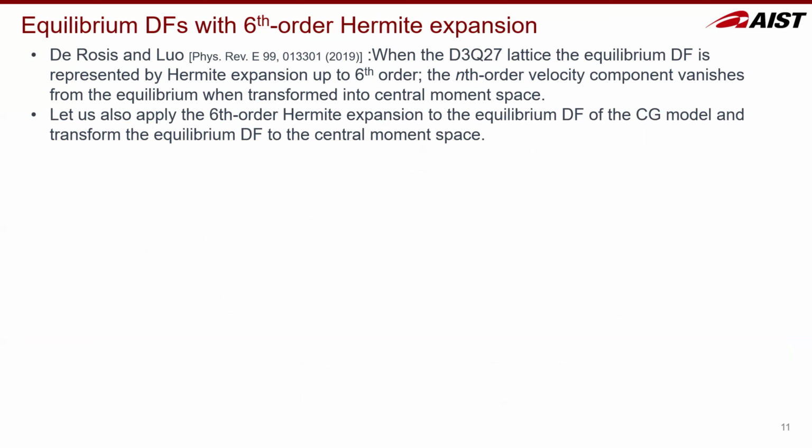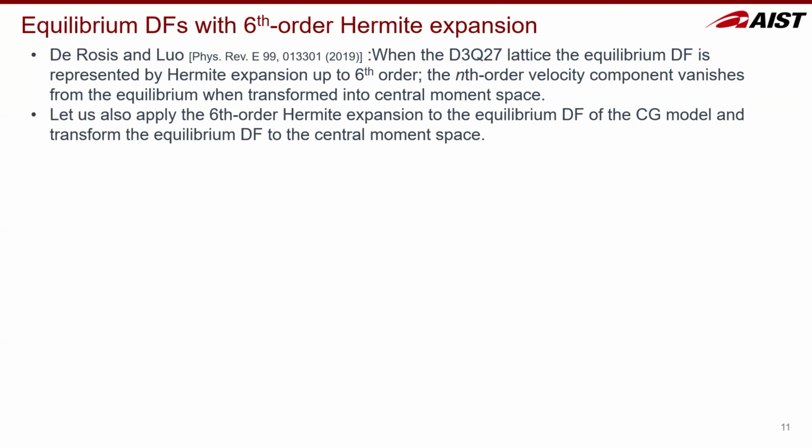And here I introduce work done by De Rosis and Luo for single phase flows. For the D3Q27 lattice, the equilibrium DF is represented by the Hermite expansion up to 6th order. The nth order velocity component vanishes from the equilibrium when transformed into the central moments.